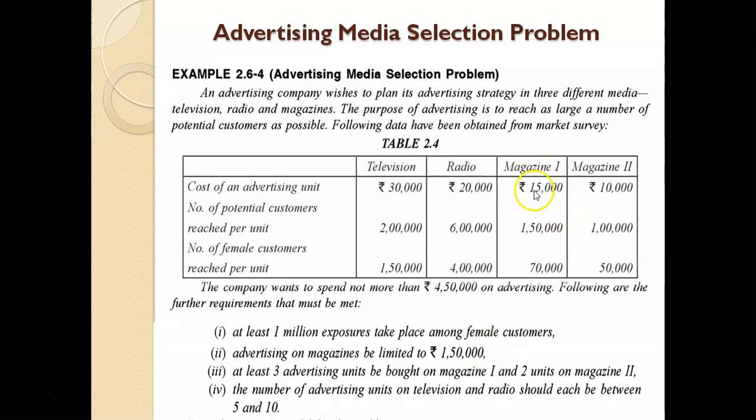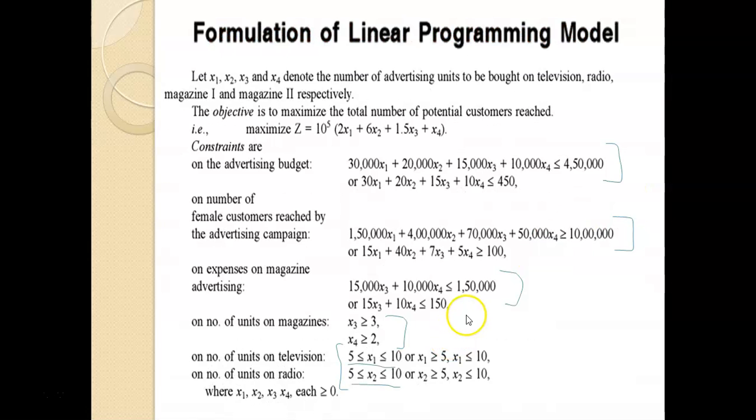So for the magazines: 15,000 into x3 plus 10,000 into x4, less than or equal to this. Similarly, the number of units of magazines as given: on magazine 1, at least 3 units should be bought, and for magazine 2 at least 2 units should be bought.